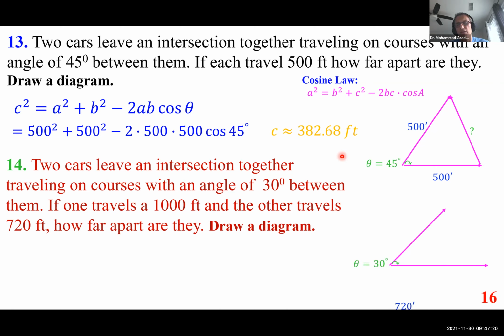So the angle is 30 degrees, and they go different distances, 720 and 1,000, and we want to know what is the distance between the two. Again, we are going to use cosine law.